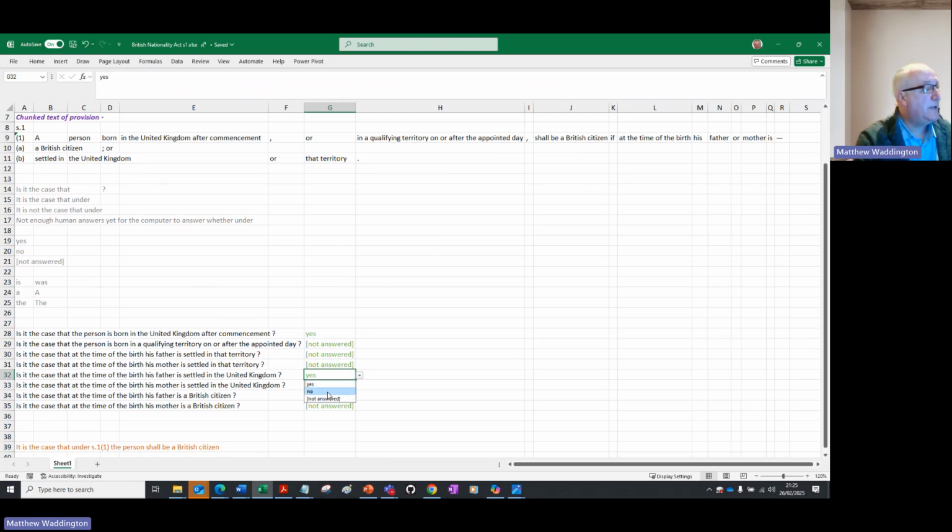If I say no to that, then there's not enough information yet. If I say no to this one, that the person wasn't born in the UK, and if I say no to qualifying territory, then it switches down here to it is not the case that under section 1.1 the person should be a British citizen.